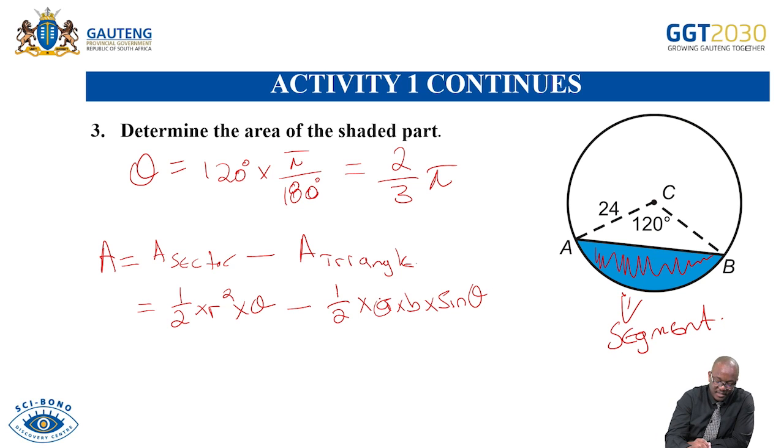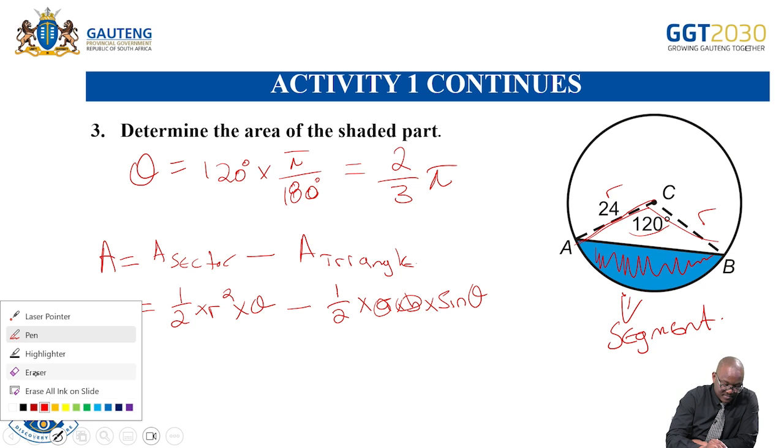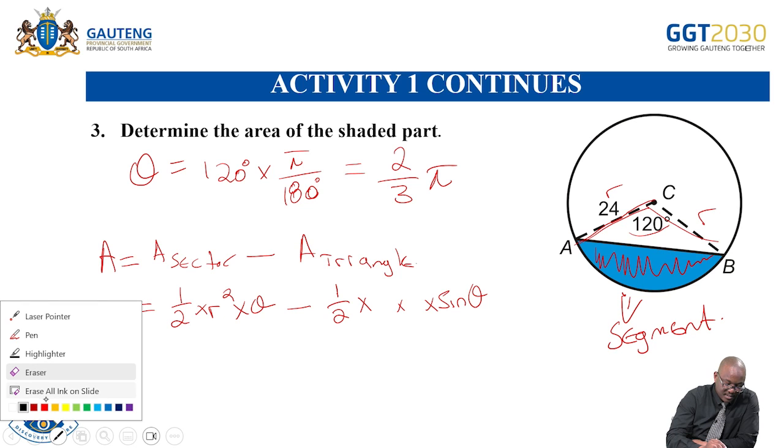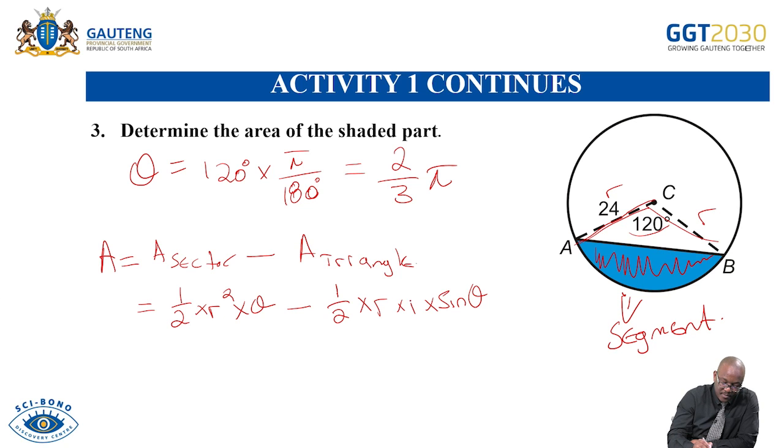Remember, AB in this case of the triangle, it's your R. Remember, the area of a triangle is half of the two sides with the included angle. So A and B, we can represent by R, because it's a radius.